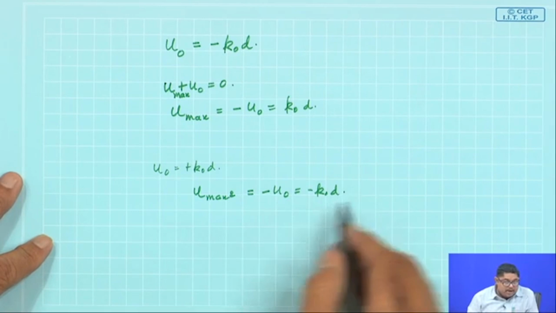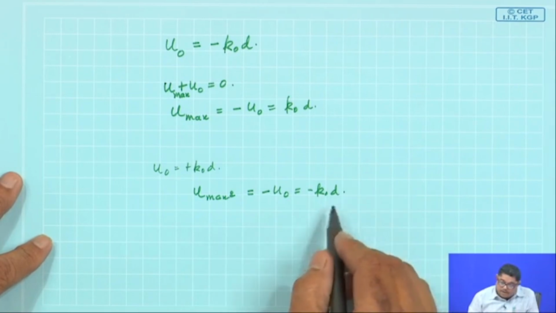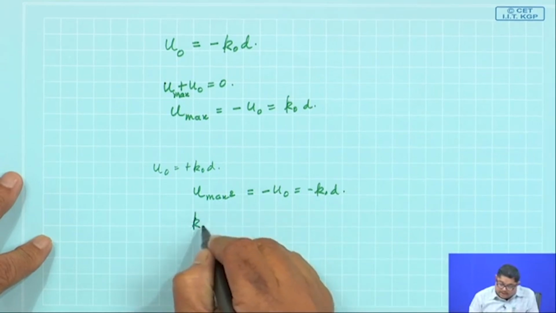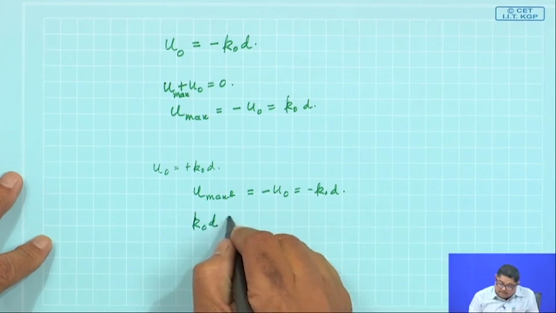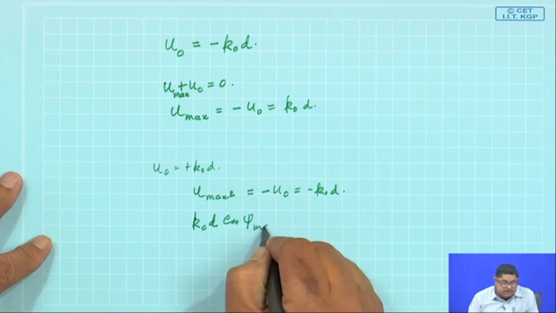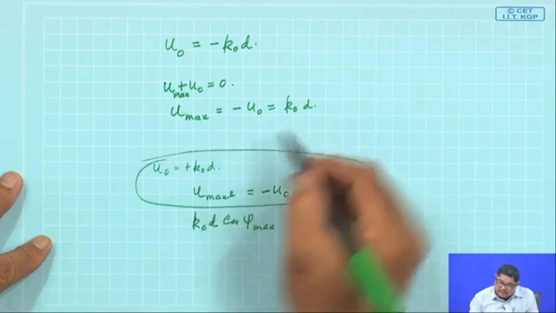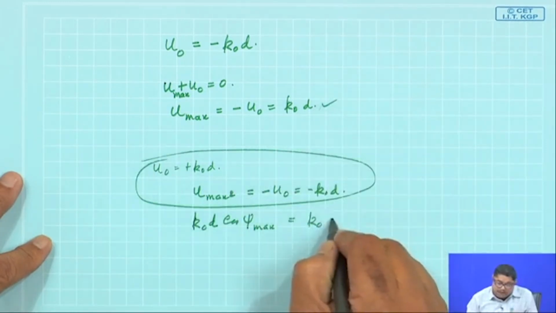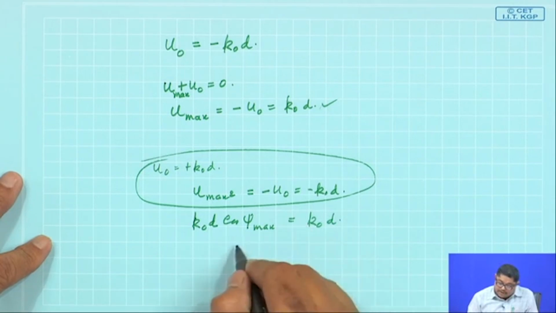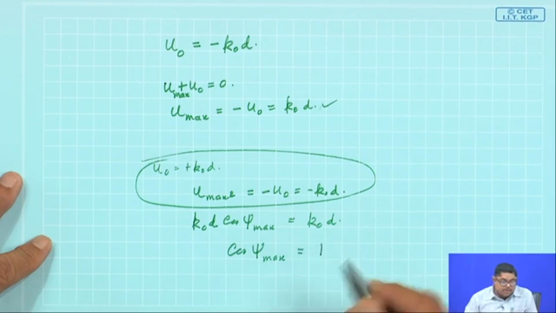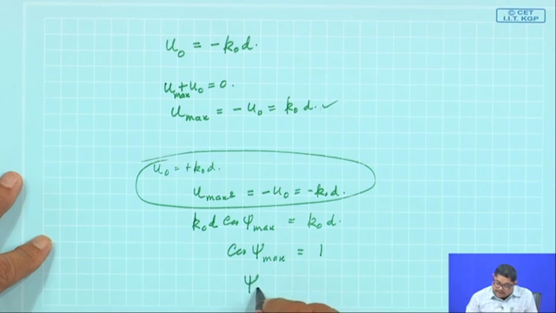And we can now find out the moment we have got this u max is k naught d. What was our u max? It is nothing but k naught d cos psi max, I am taking this first one. So, from here it is apparent that cos psi max is 1, that means psi max is 0.